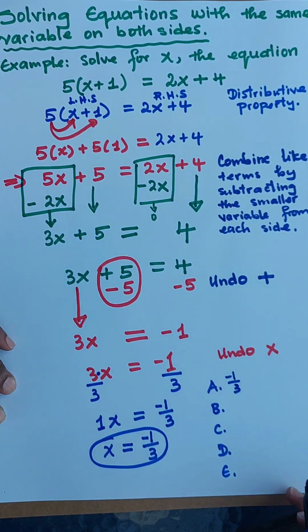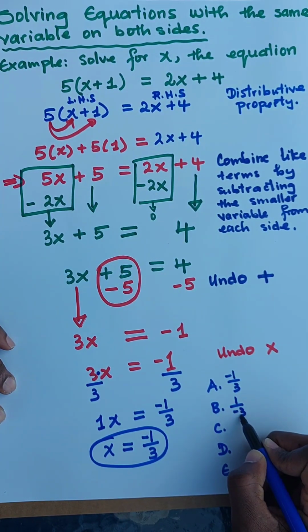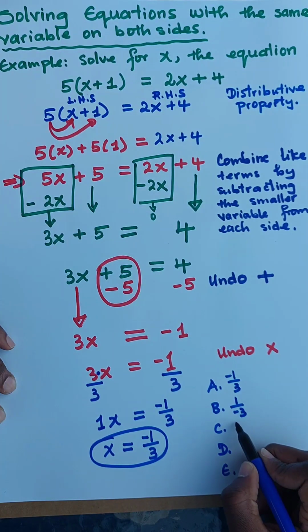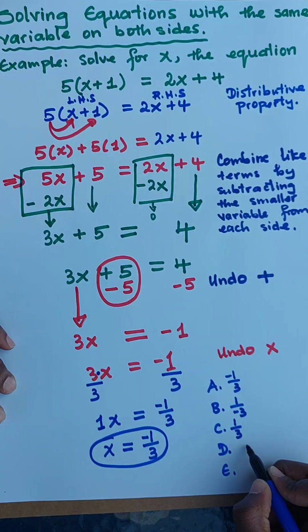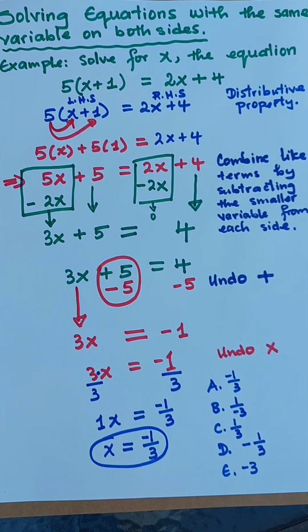That looks like what you have. And B, you have 1 over negative 3. That doesn't really look like what you have. And then C, you have 1 over 3. And then D, you have negative 1 over 3. And then E, you have negative 3.